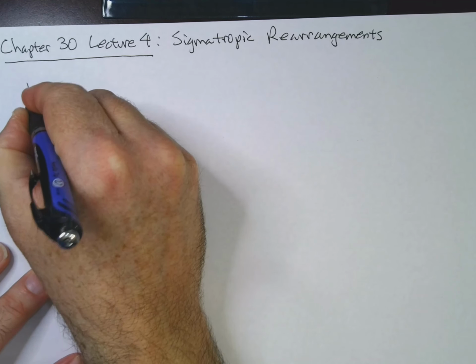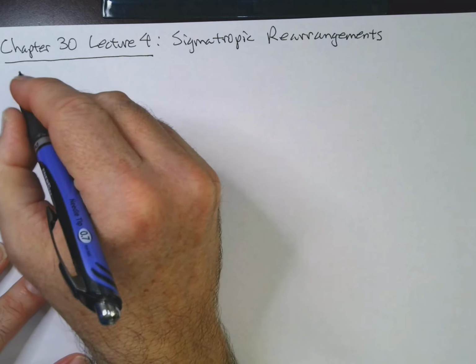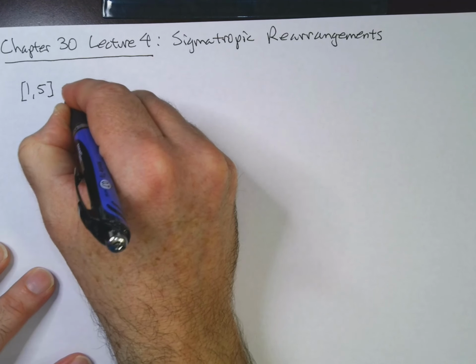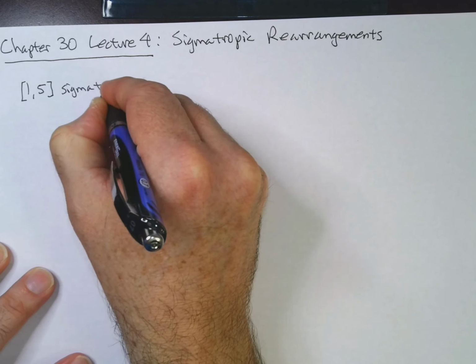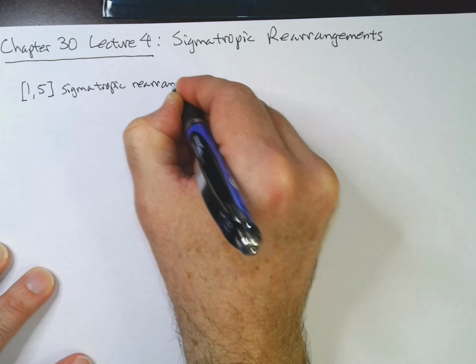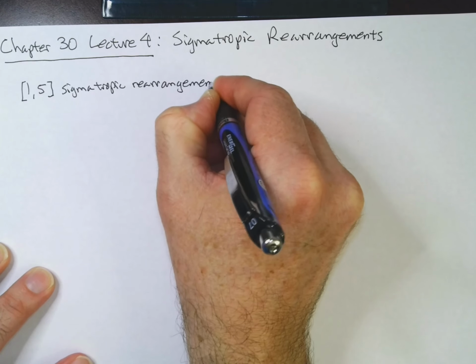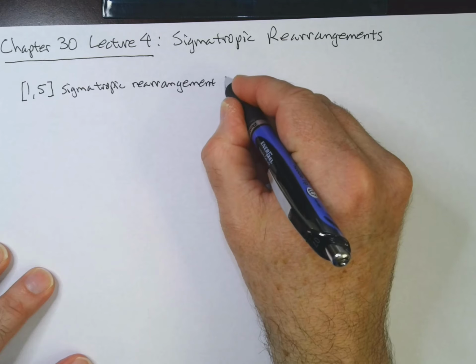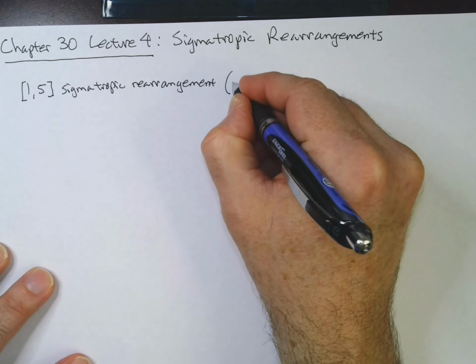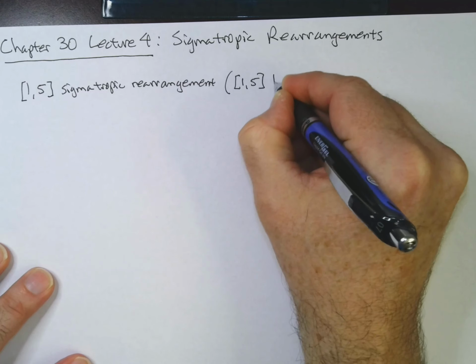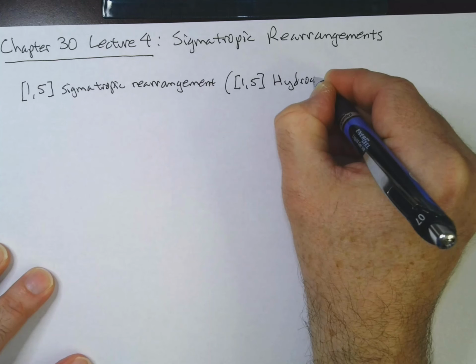One is a 1,5 sigmatropic rearrangement. And an example of this is the 1,5 hydrogen shift.